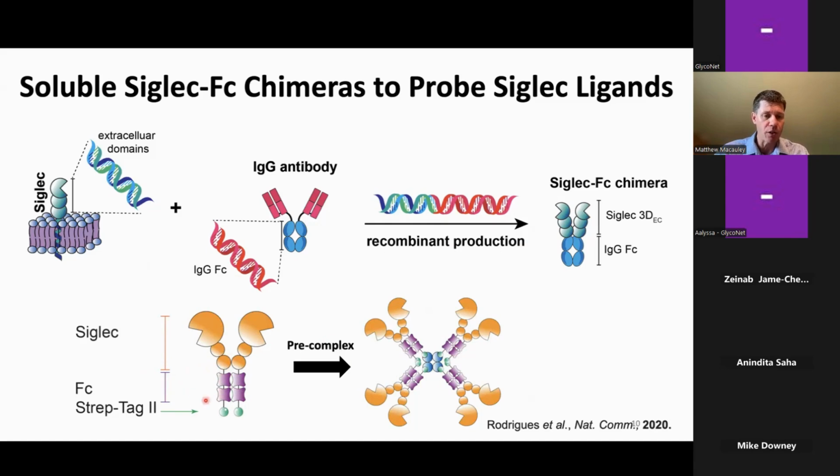Some of them I won't get into, but notably a Strep-tag II for purification and assembly of this tetrameric, dimeric, sort of octameric system. So enhanced avidity, and in this manuscript, we unveiled these and showed them to be very successful.